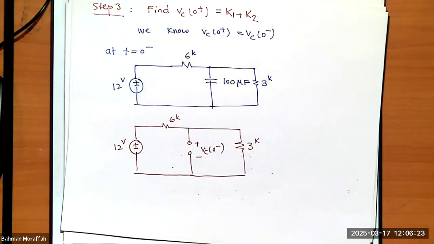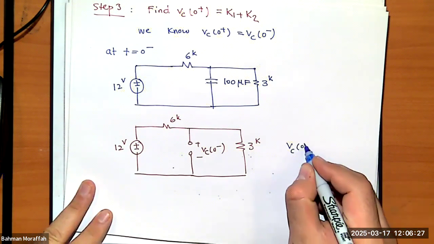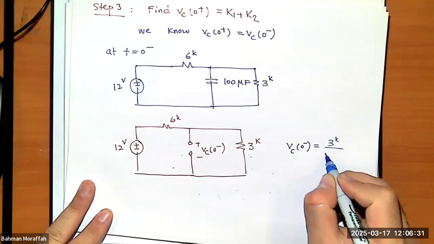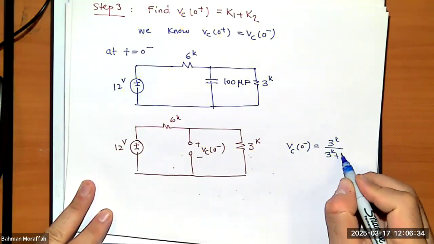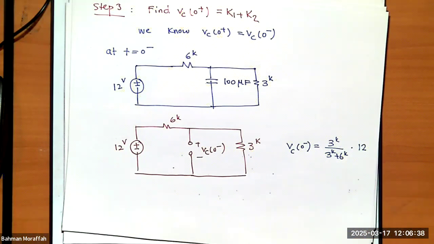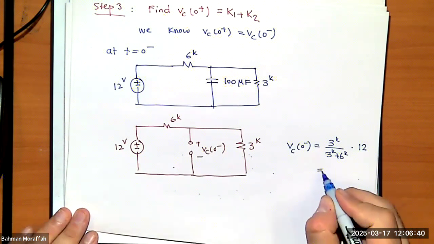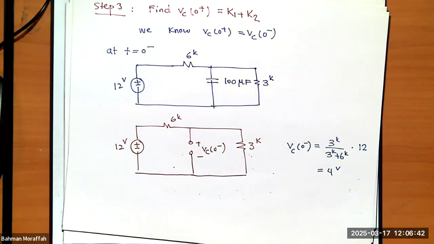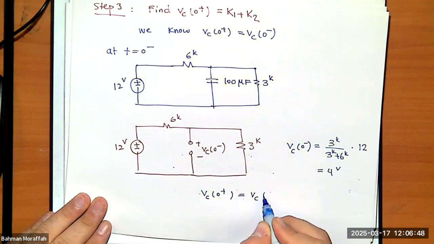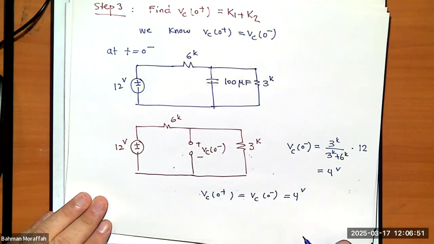That's a voltage divider. So VC 0 negative is 3K divided by 3K plus 6K times 12, which is 4 volts. What does that tell me? It tells me VC at 0 plus is the same as VC at 0 negative, and that's 4 volts.